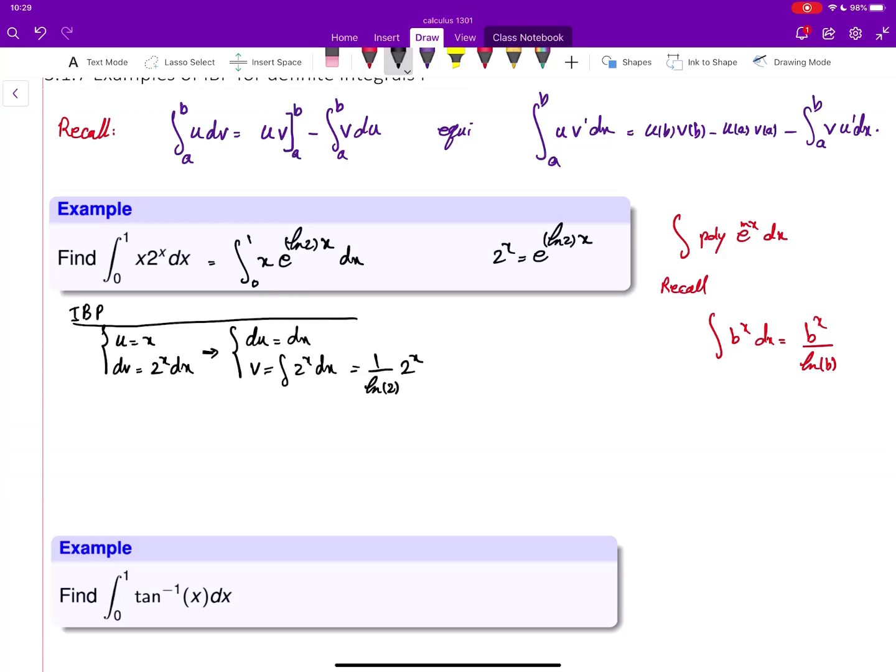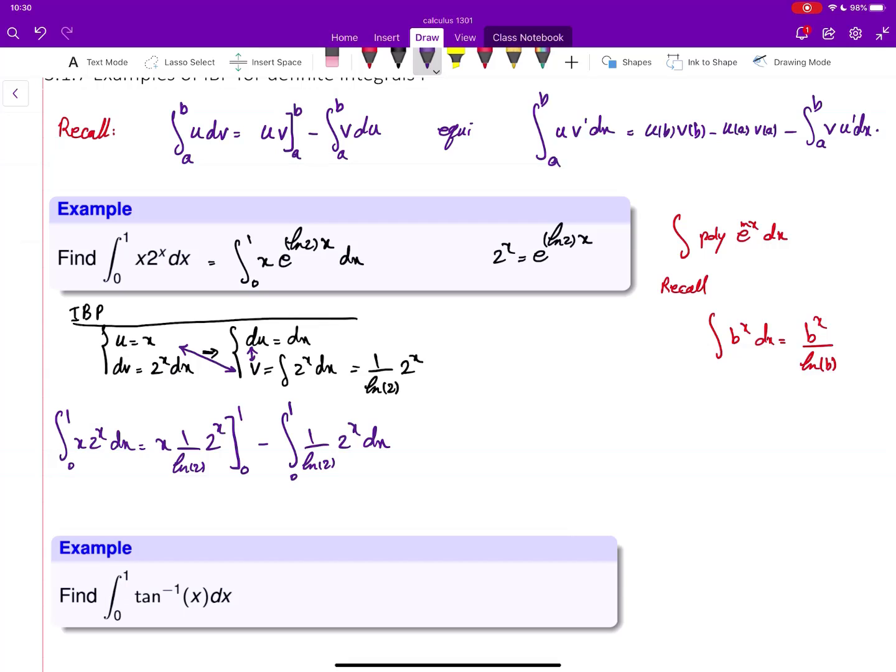Now that I have all the components, the integral from 0 to 1 of x times 2 to the power x dx is going to be equal to uv, so x times 1 over ln 2 times 2 to the power x from 0 to 1, minus the integral of v times du, 1 over ln 2 times 2 to the power x dx, from 0 to 1.